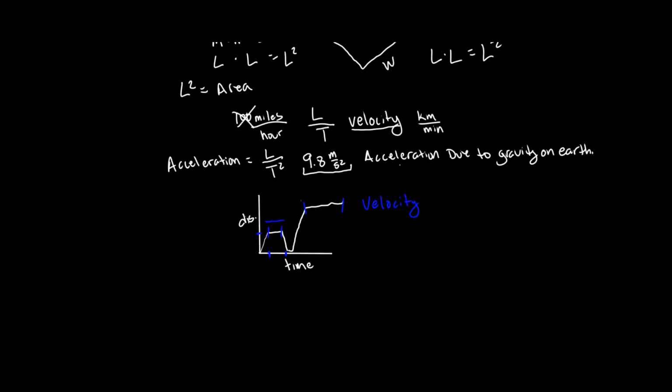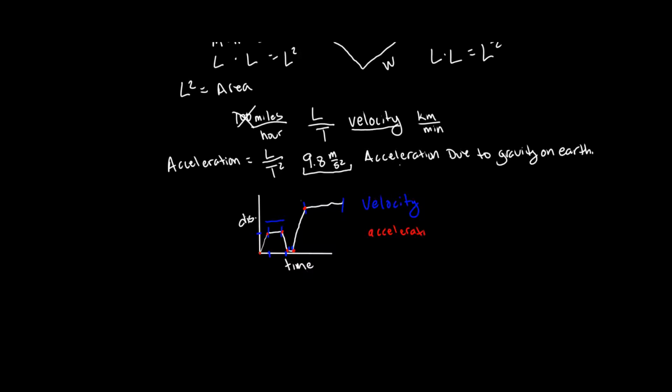But these areas here, from here to here, from here to here, and from here to here. Also, let me highlight this one in blue too. This area here would also be a velocity. Even though you're not going anywhere, that's still zero velocity. These areas, though, these red areas, these are called acceleration.